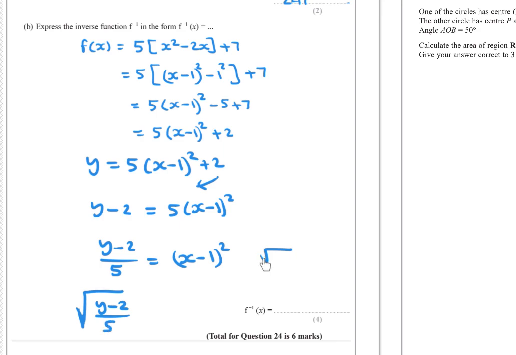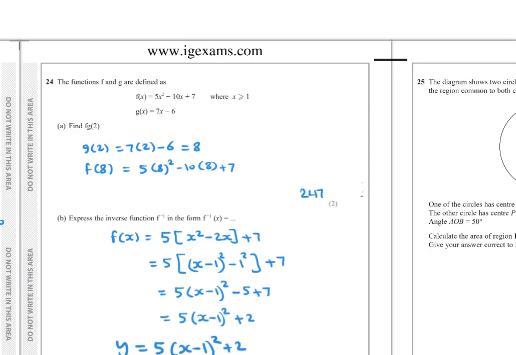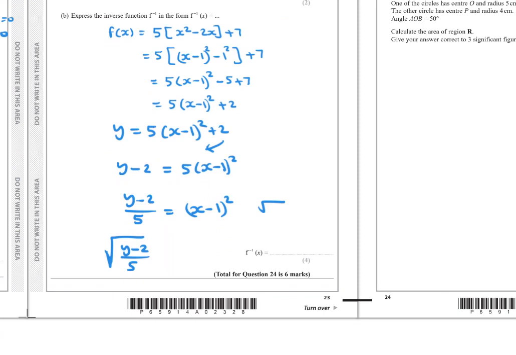When you take the square root, we have positive or negative. Look at the domain. For f, x is more than or equal to 1. So take the positive square root, equals x minus 1. Then negative 1 goes to the other side.